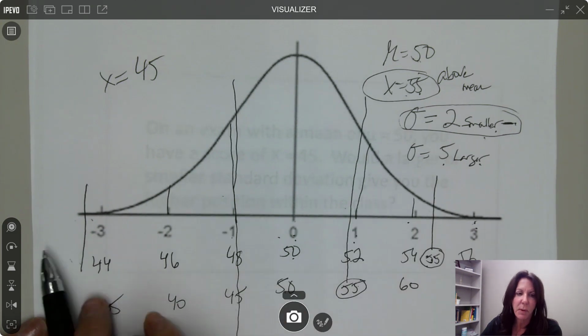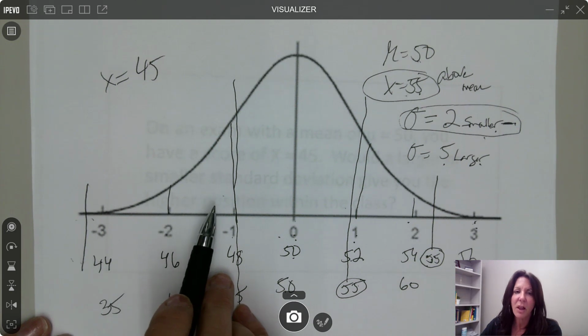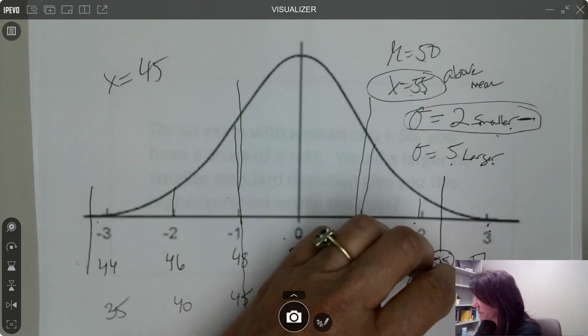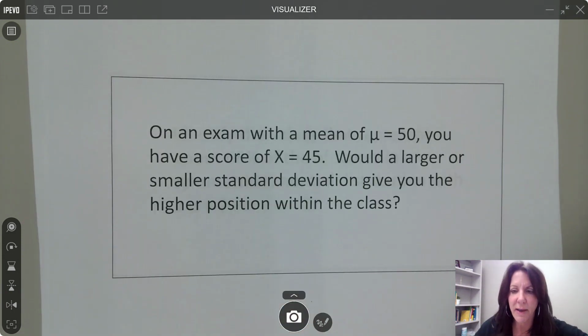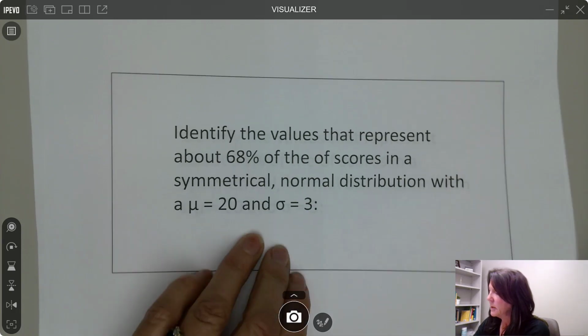If I have a score that's below the mean, I do better with a larger standard deviation. When in doubt, draw it out. That's what I say.